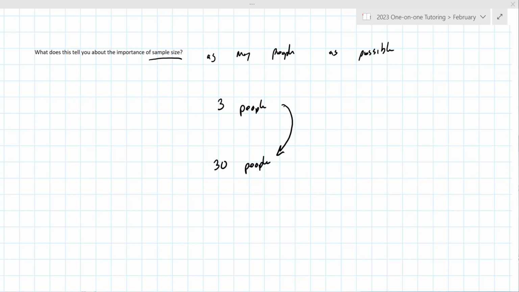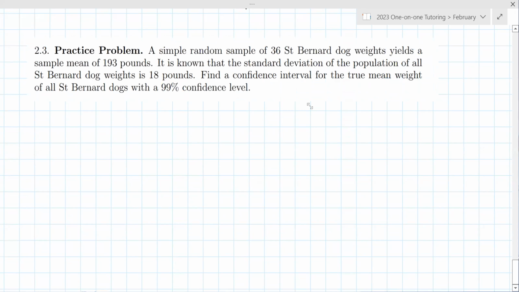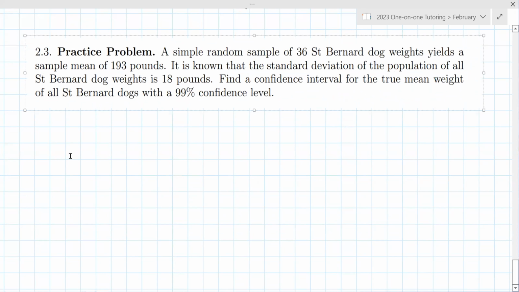All right, so let's look at one more problem here. You like dogs, is that right? Yeah. Okay, so here's a dog example. I don't know if this is true about how big a Saint Bernard is, but this problem you should be able to do from start to finish with what we just talked about. So give that a try. If you have questions along the way, please ask.